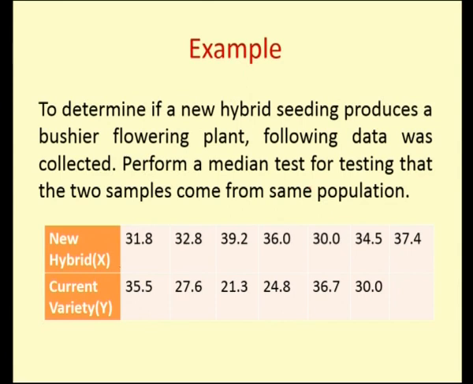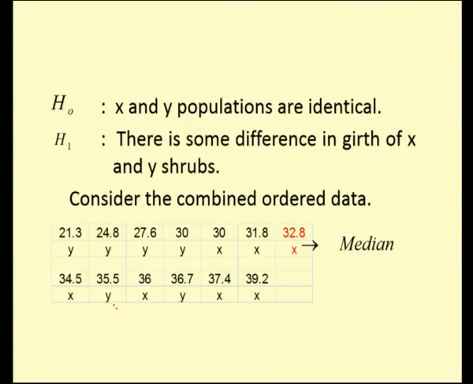Here a new hybrid is given to you and the current variety is given; one is denoted as X and the other is denoted as Y. So, what is your hypothesis? The hypothesis is that H naught is such that the 2 populations are identical. I said that in the median test we are concerned with whether the samples have the same distribution or not.